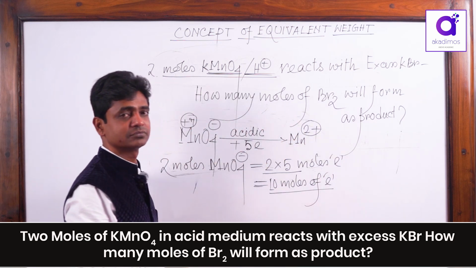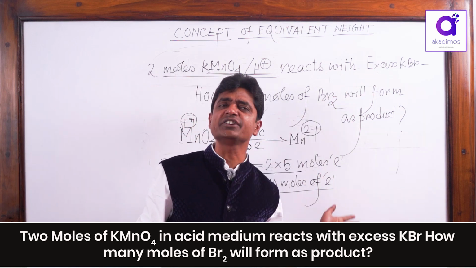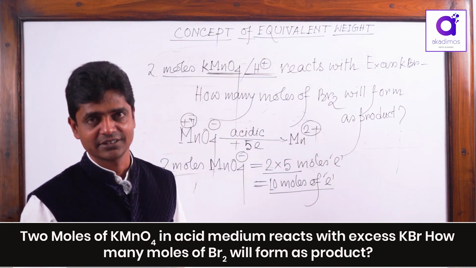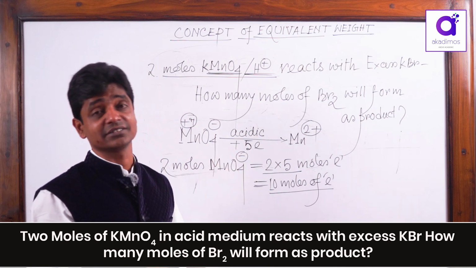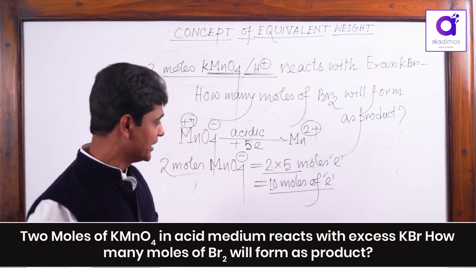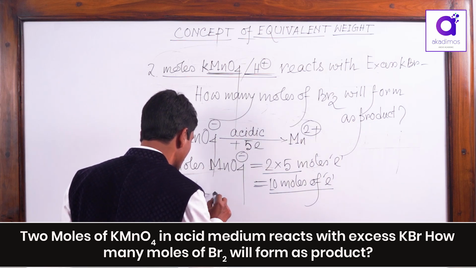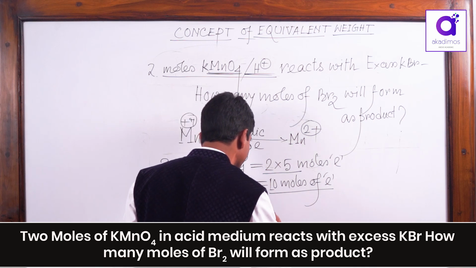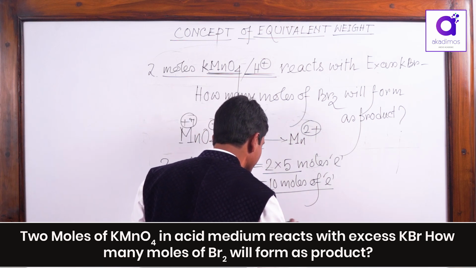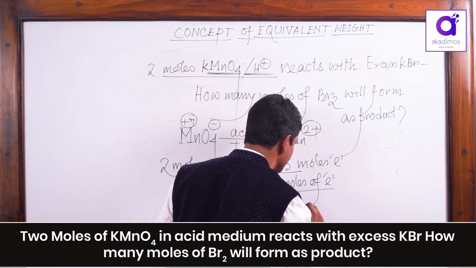Now, you will get electrons by oxidation of bromide to bromine, and from there you have to get 10 moles of electrons. You know that when bromide oxidizes to bromine, minus 1 to 0, it will lose electrons.